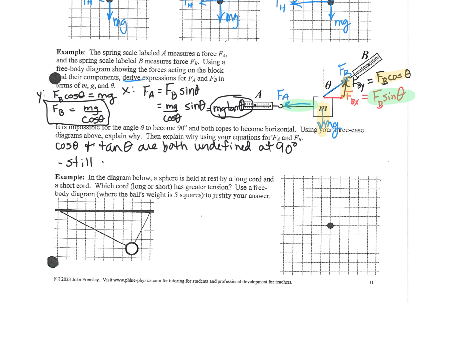Better yet, rather than saying can't have, we still need upward tension to balance out mg.